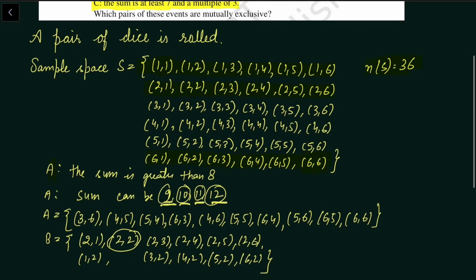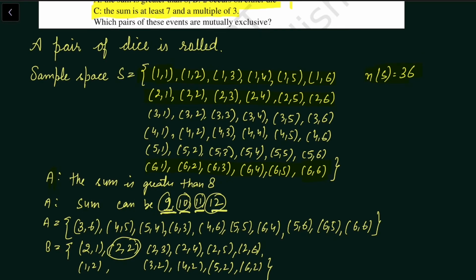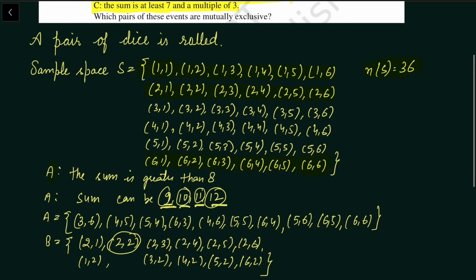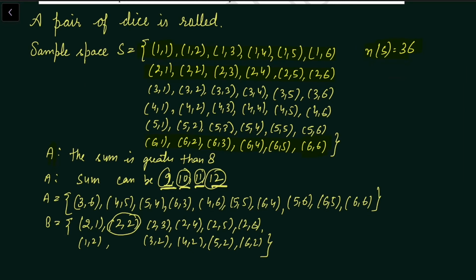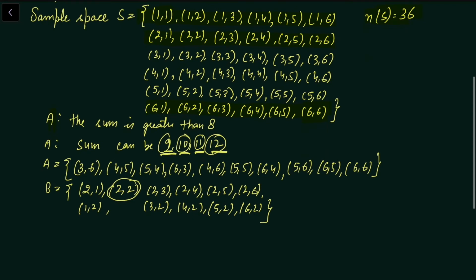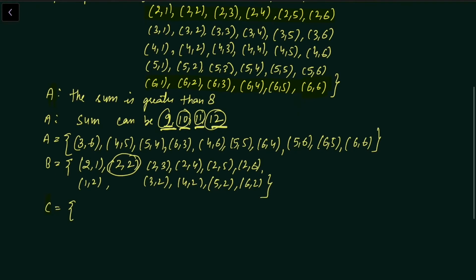So the favorable outcome is sum 9 or 12. So in favor of C, sum 9 or 12. For 9 we have 3 6, 4 5, 5 4 and 6 3, and for 12 there is only one outcome, 6 6.